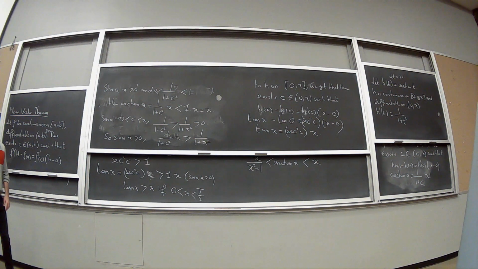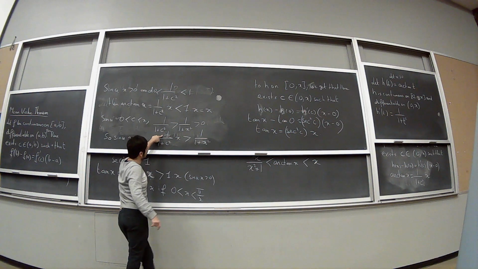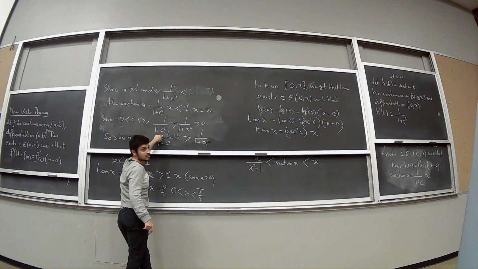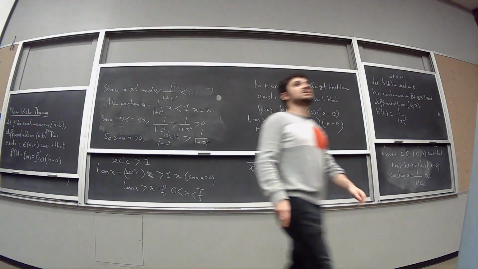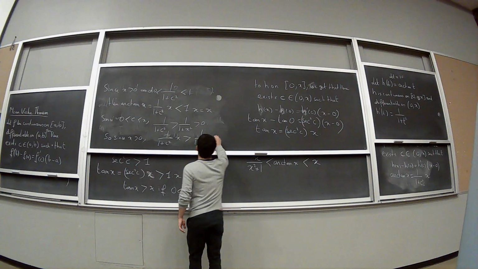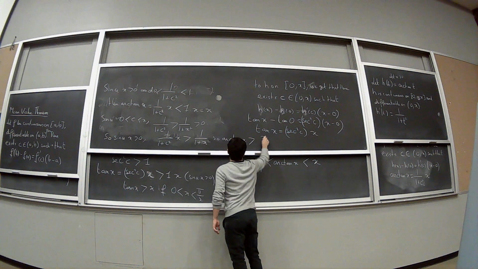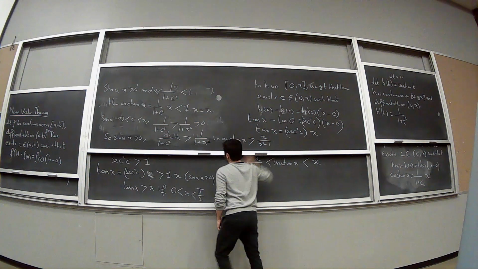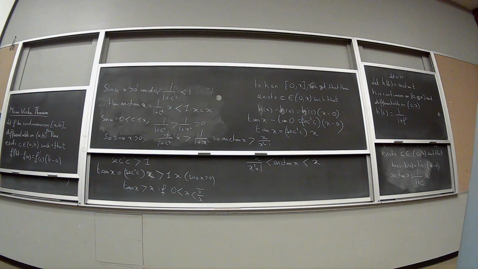Look at the left-hand side of this inequality. What is 1 over 1 plus c squared times x? Arctan x. So arctan x is bigger than x over x squared plus 1. Okay, so that's a bit tough.